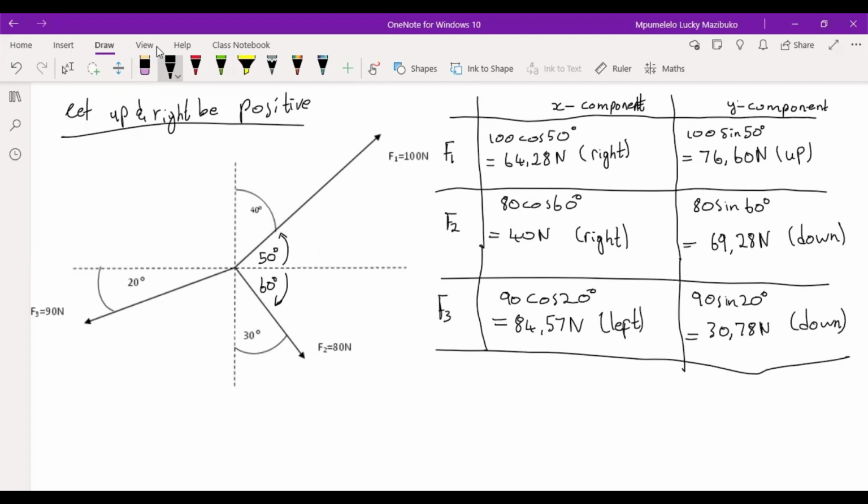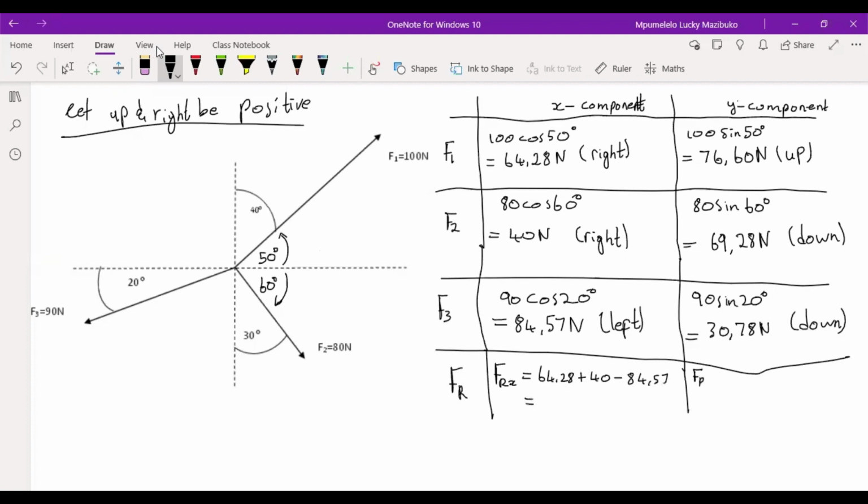Now we can get the resultant in terms of FRX. This would be 64.28 plus 40 minus 84.57, and you get your answer.